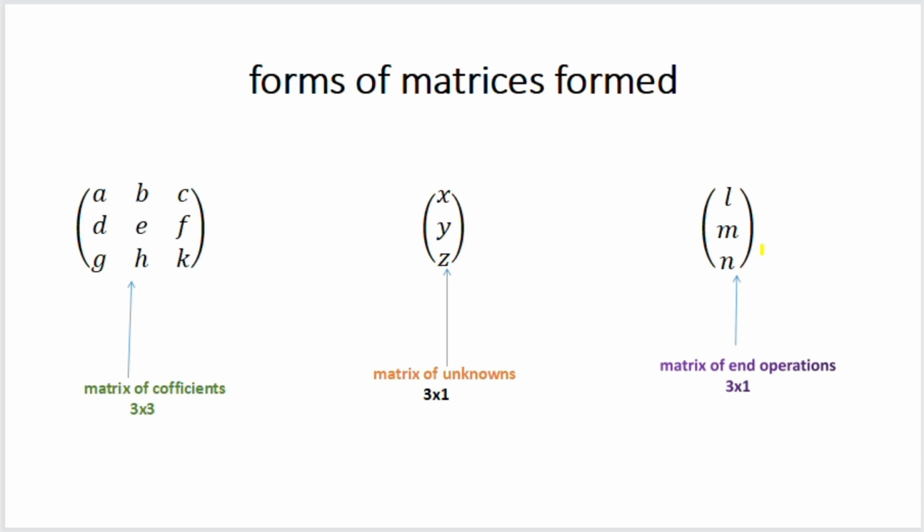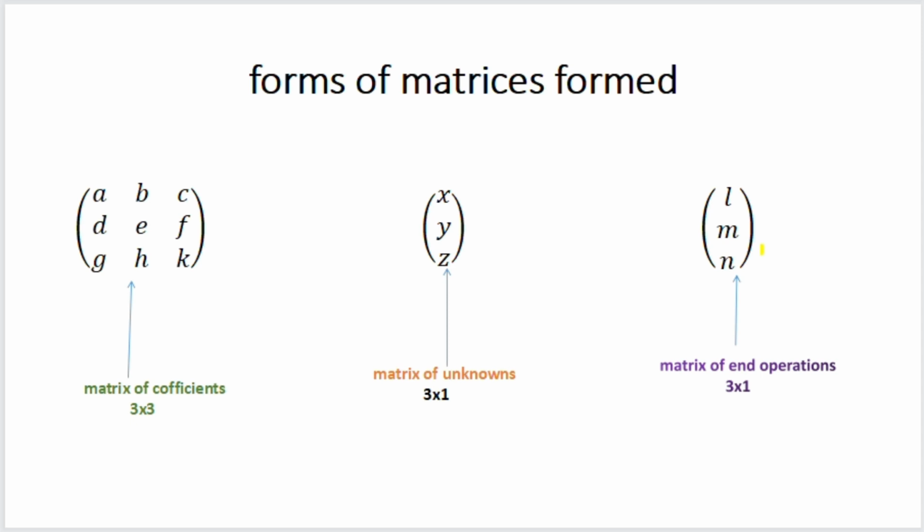Those are the coefficients. Then we have the matrix of the unknowns, x, y, z, and we have l, m, n as the matrix of the results.